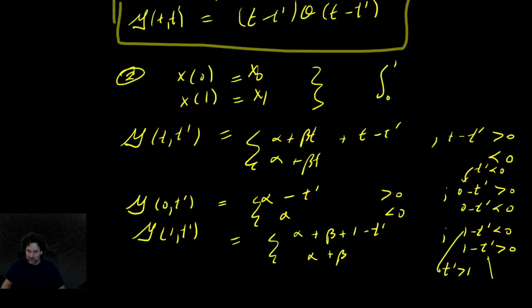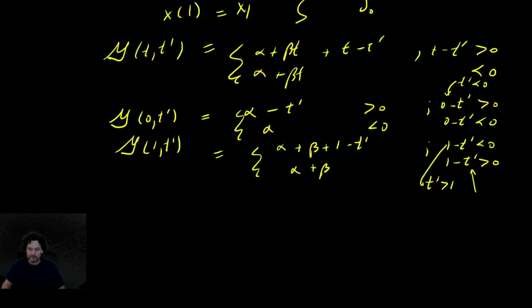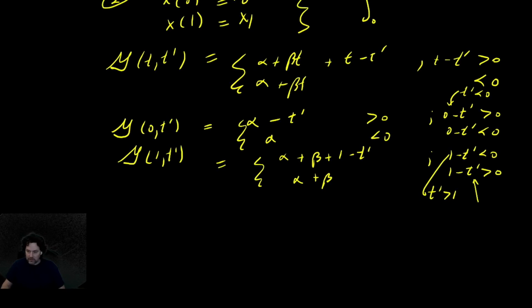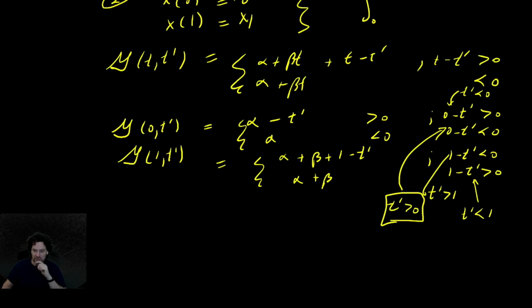And here we got t prime is less than 1. And finally, this is t prime is greater than 0. So t prime greater than 0 is one of our constraints.